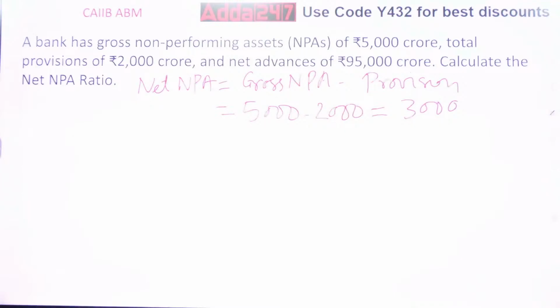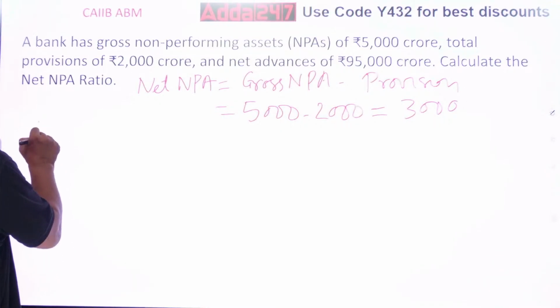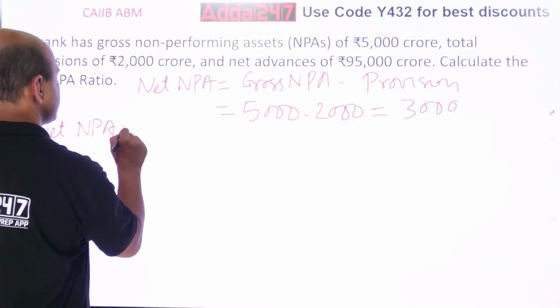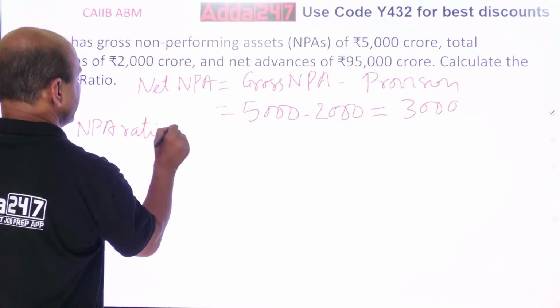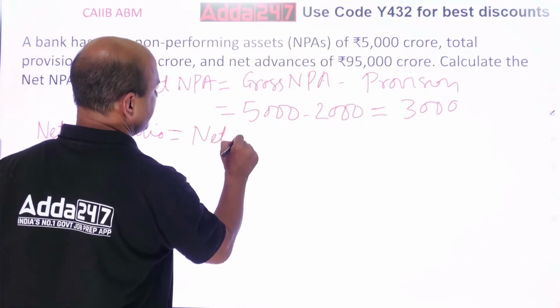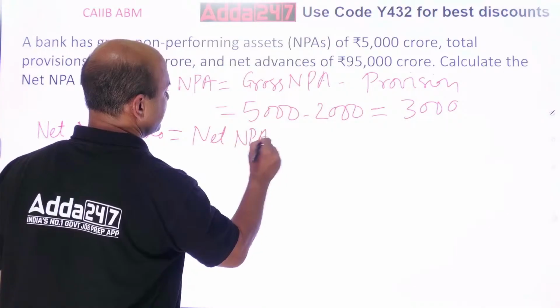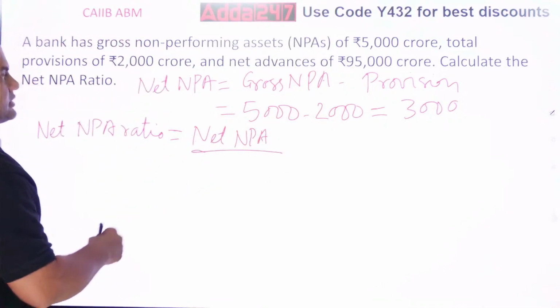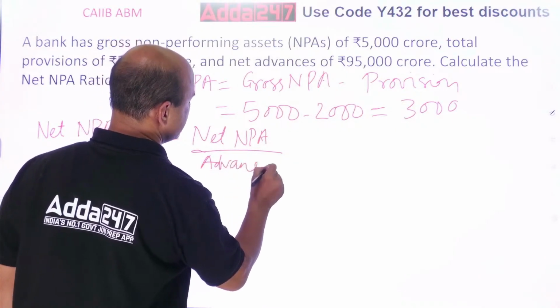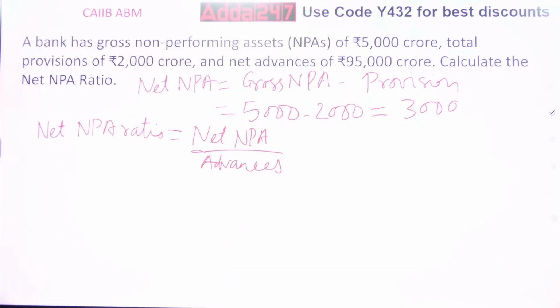But my question is the net NPA ratio. What is net NPA ratio? Net NPA ratio equals net NPA divided by total advances, whatever is net advances given.